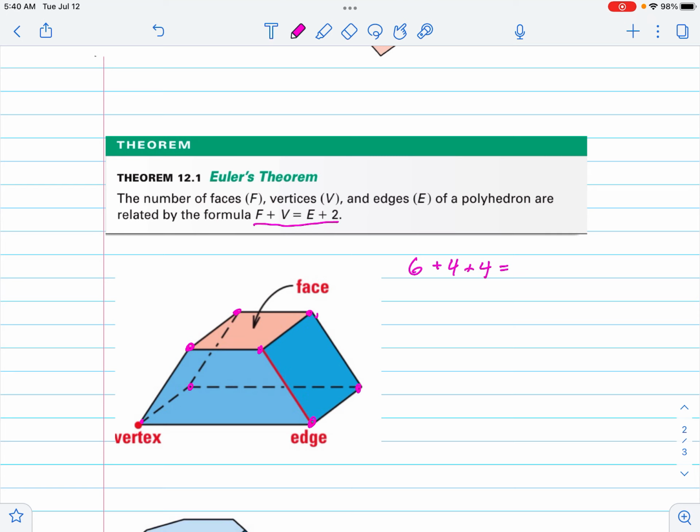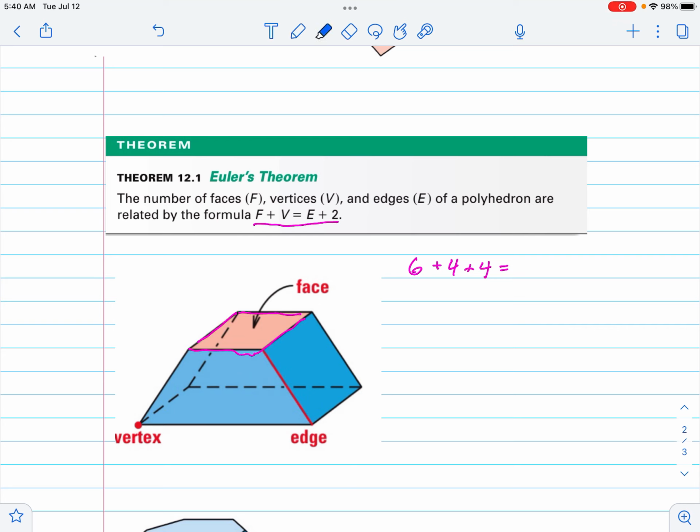Equals how many edges? Now you have to be careful here with the edges, because remember, each edge is shared by 2 faces. So let's see what happens here. For the edges, we've got 1, 2, 3, 4.